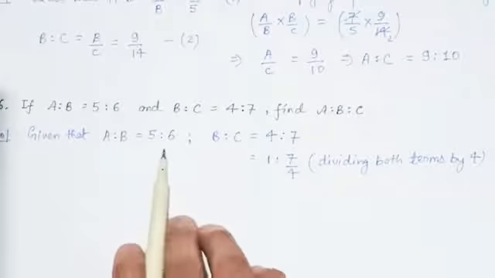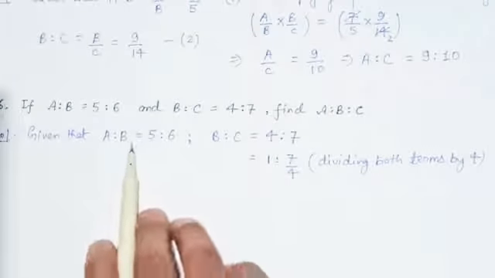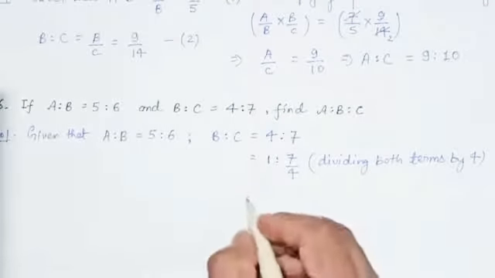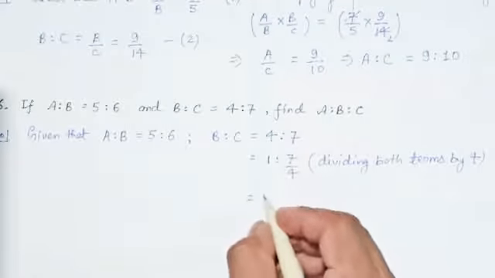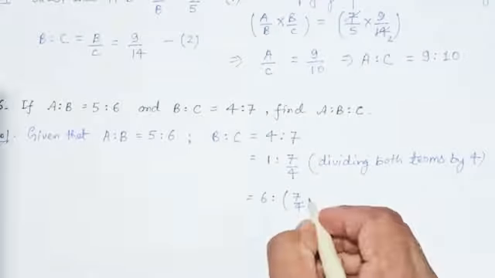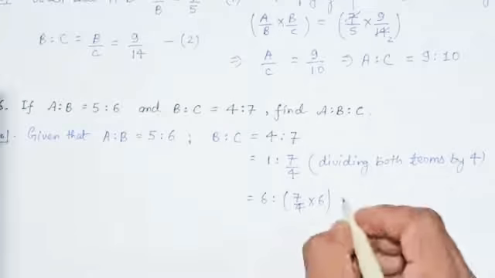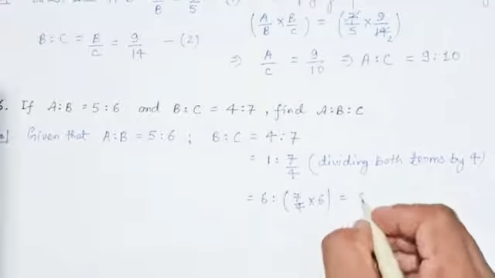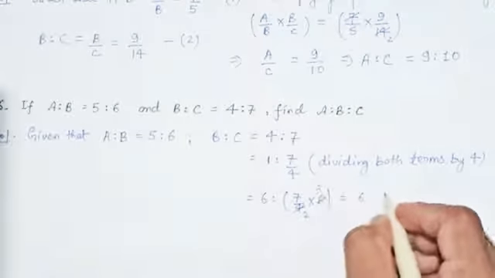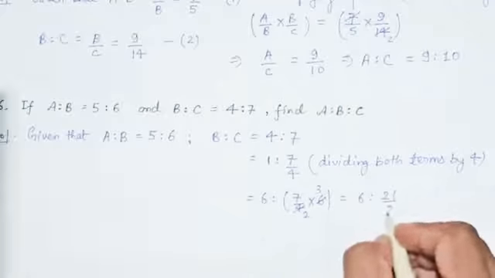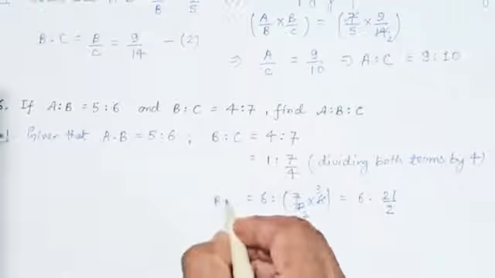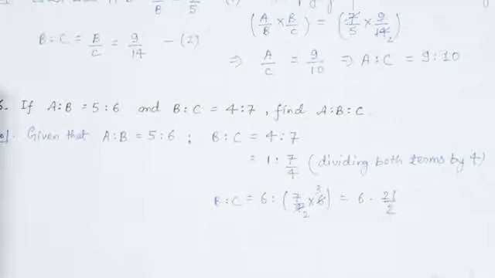Because in this ratio you can see the term corresponding to B is 6. So here also we have to make the term corresponding to B as 6. So when we multiply both these terms by 6, then what we get? 6 ratio 7 by 4 into 6. So it is equal to 6 ratio, here 2 times and 2 3 times, 21 by 2. So we have the ratio of B is to C as 6 is to 21 by 2.